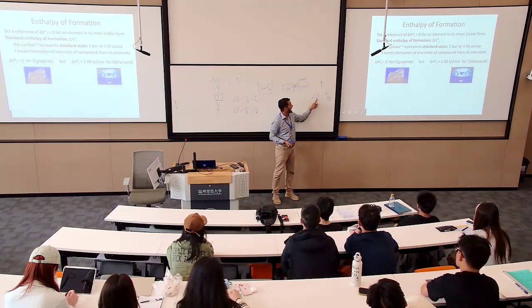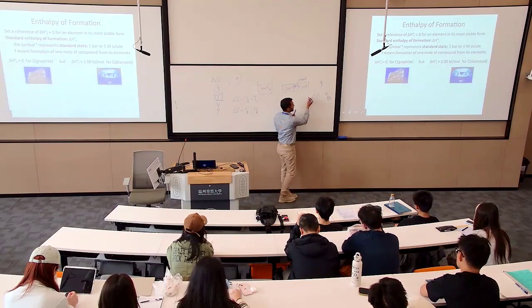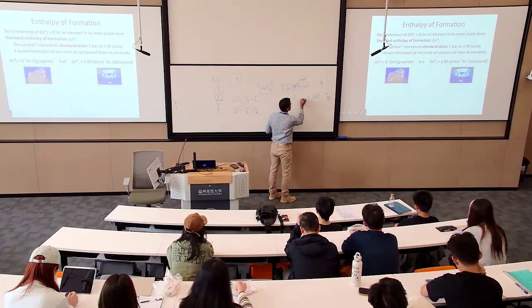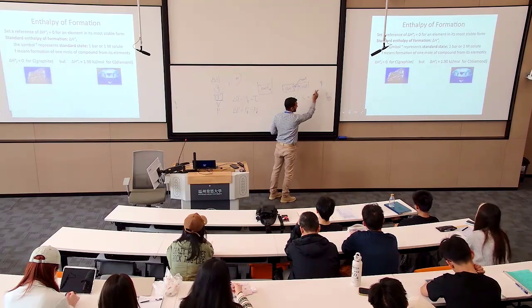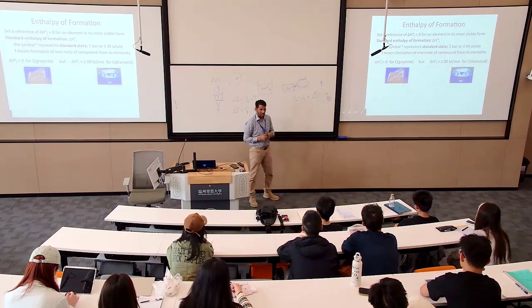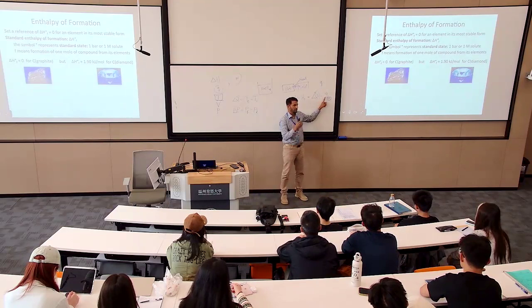So that's why this heat becomes a state function, and we name it enthalpy. And this is the change in enthalpy, which can be calculated by H2 minus H1. So this is heat, but it is the heat which is absorbed or evolved at constant pressure.